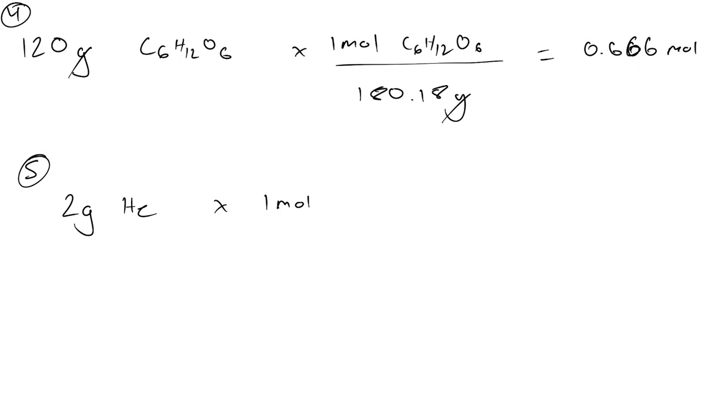So per mole of helium, you have 4.00 grams. 2 divided by 4 is simply 0.5 moles. And the grams cancel, and so you're left with moles. And technically you should have 3 zeros here for correct sig figs, so 0.500 moles.